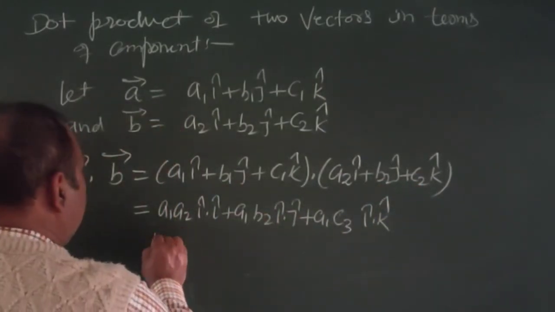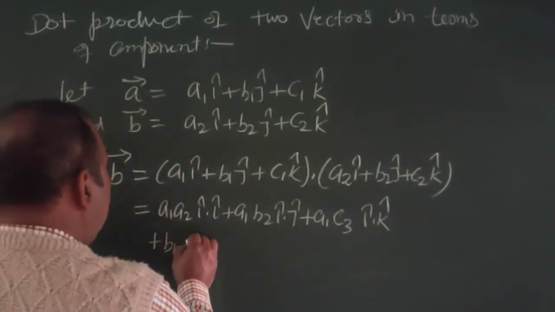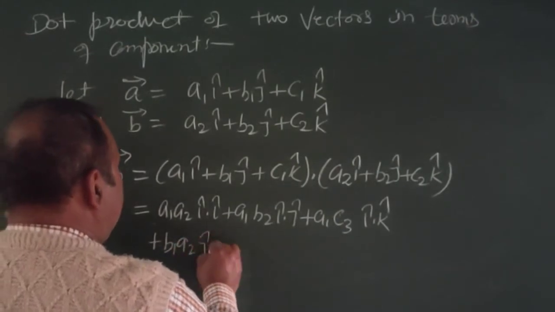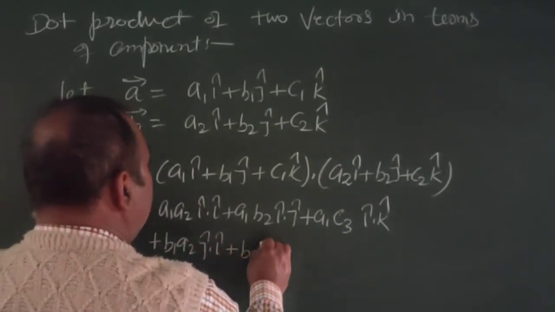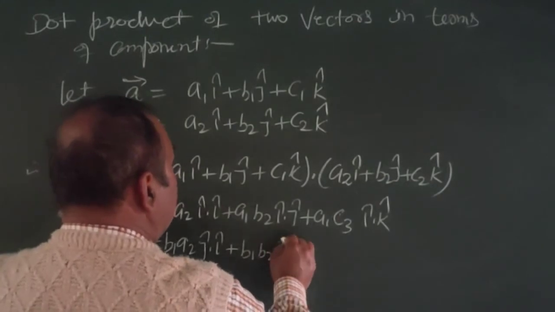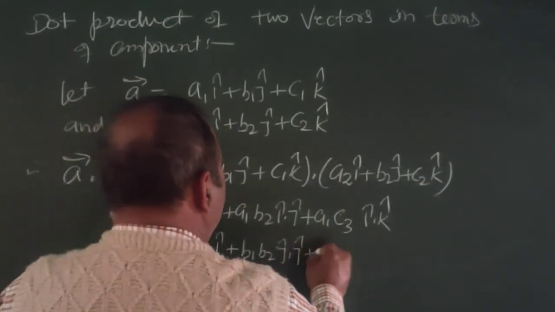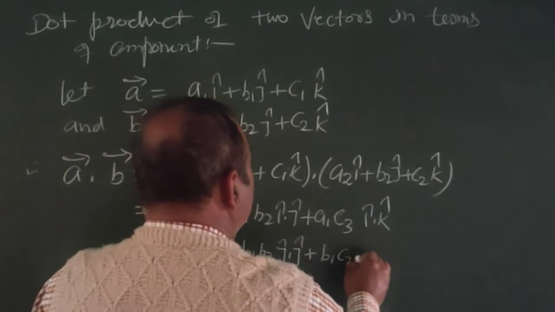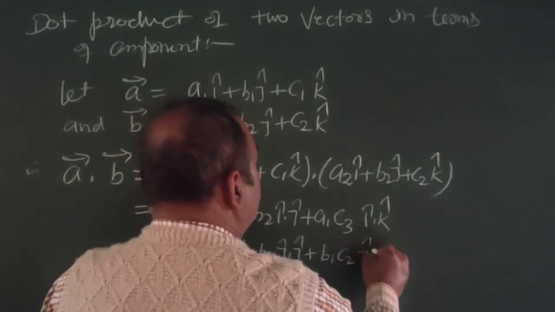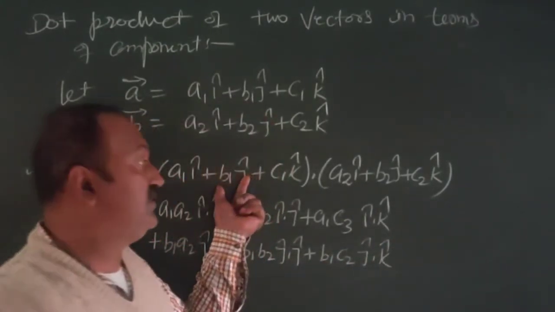Similarly, plus B1 A2 into J dot I plus B1 B2 into J dot J plus B1 C2 into J dot K. This is the dot product of the second with this.